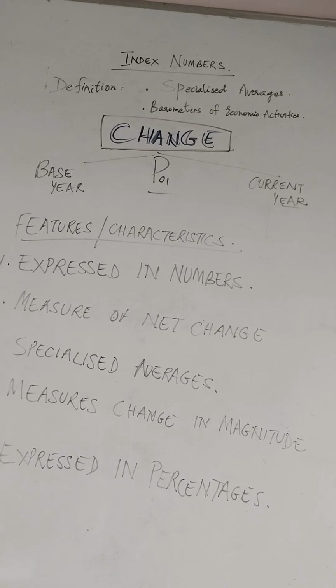Of the two periods, the period with which the comparison is to be made is known as the base period, and the index number in the base period is always taken as 100. If you want to know how much the price has changed in 2020 from the level of 2000, then 2000 becomes the base. If somebody says the index number is 250, what will it indicate?